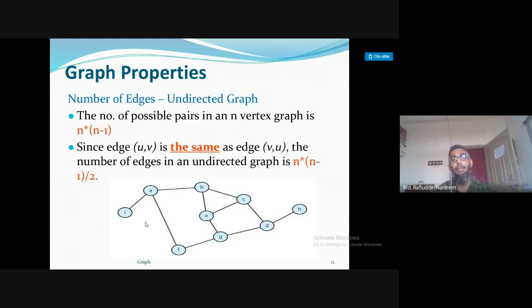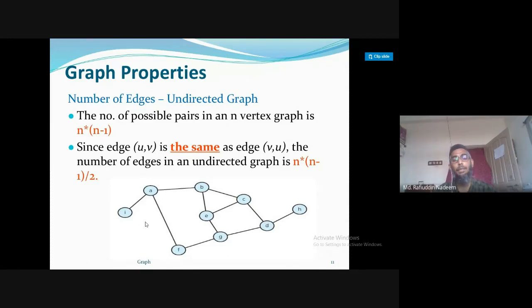Since edge UV is the same as edge VU, the number of edges in an undirected graph will be n into n minus 1 by 2.